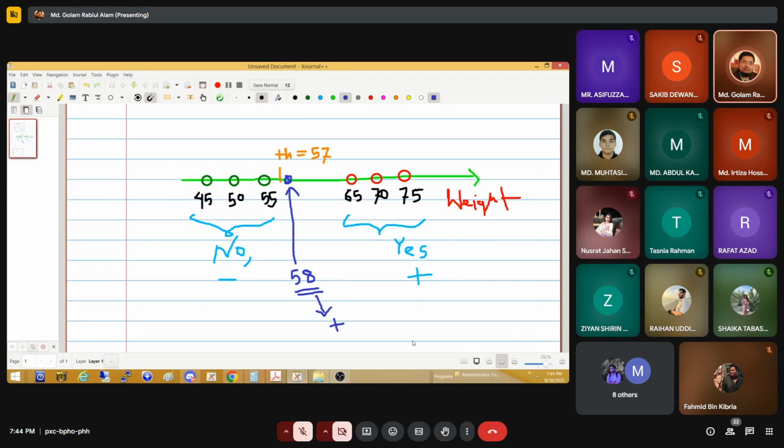We want to explain the result based on the k nearest neighbor, where the value of k is 1. So it will try to find the closest subject to this test case. So this is our test case.